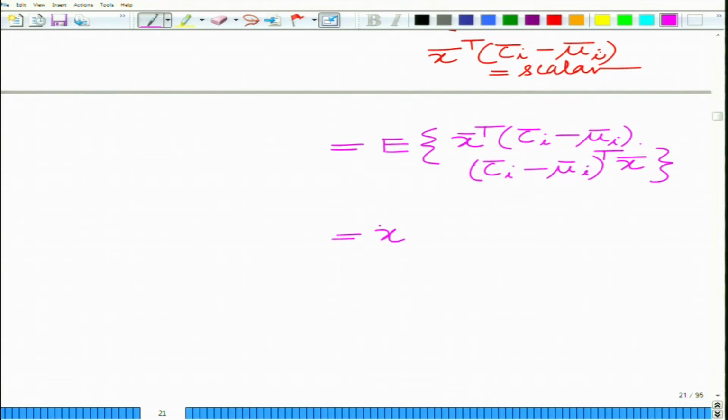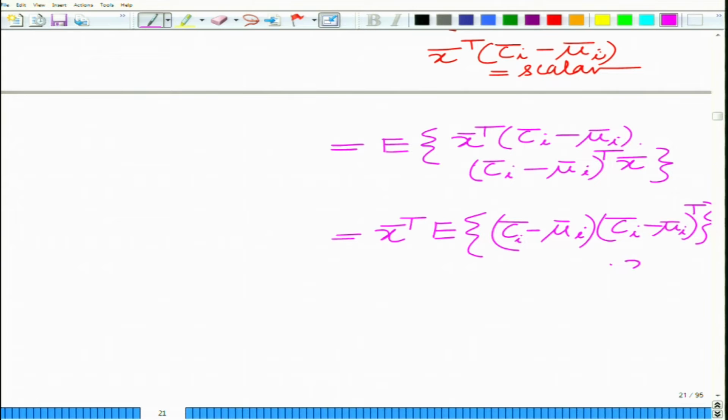So, this is x bar transpose, and now you have something interesting, the expected value of (C bar i minus mu bar i) times (C bar i minus mu bar i) transpose into x bar.